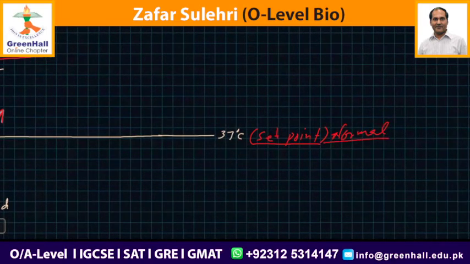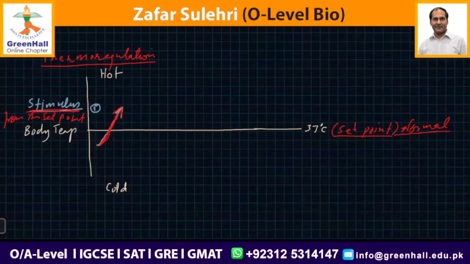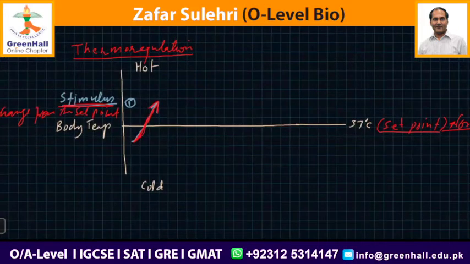Change from the normal is known as stimulus. अब ये stimulus detect कौन करता है? Receptors. Yes. This is number 2. And this is receptor.